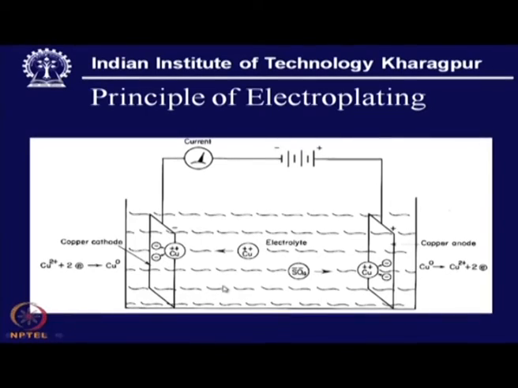So, this is in fundamental principle the deposition, that means the same metal can be deposited just by transferring from the anode to the electroplating solution and then finally onto the cathode surface. This way the process will keep on going and we have a metal build up on this surface.